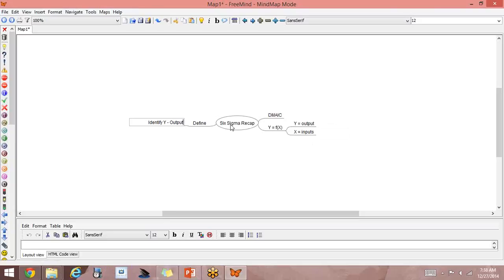And once we identify Y, the second key thing would be coming up with a CTQ, critical to quality. Or I would say the first thing would be identifying critical to quality. How did we do that? We have looked into voice of customer, voice of business, voice of employee, cost of poor quality.